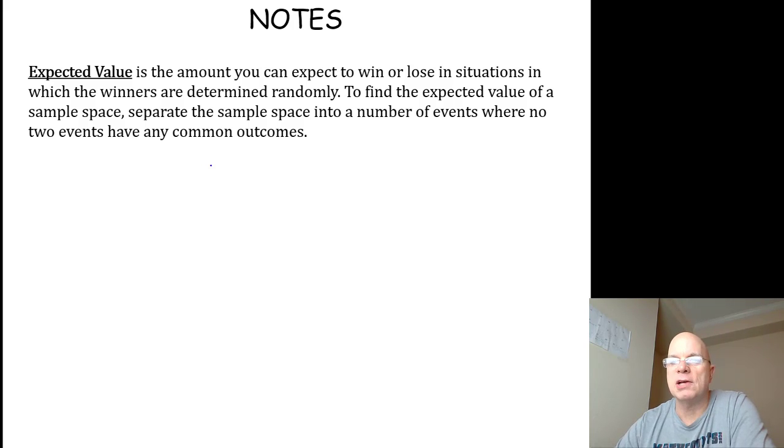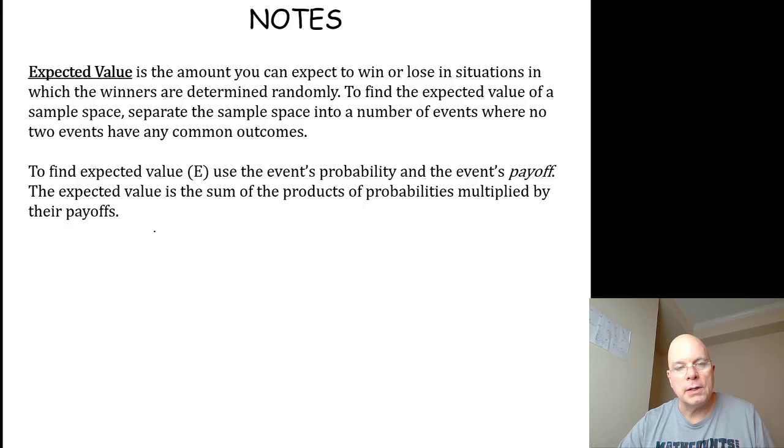We separated them into the possible outcomes and multiplied each possible outcome by the probability of that outcome occurring. To find expected value, use the event's probability and the event's payoff, and the products of those probabilities and payoffs give you the value for each individual event.